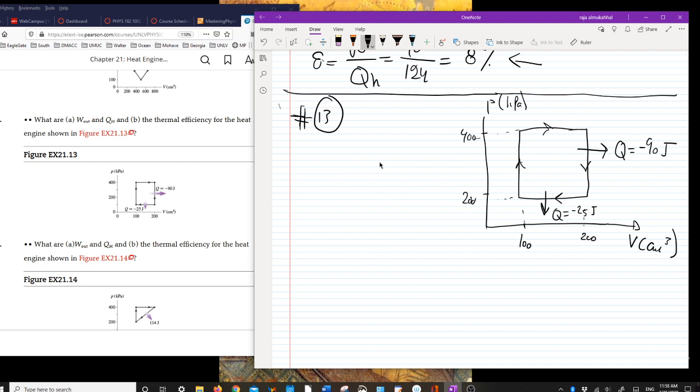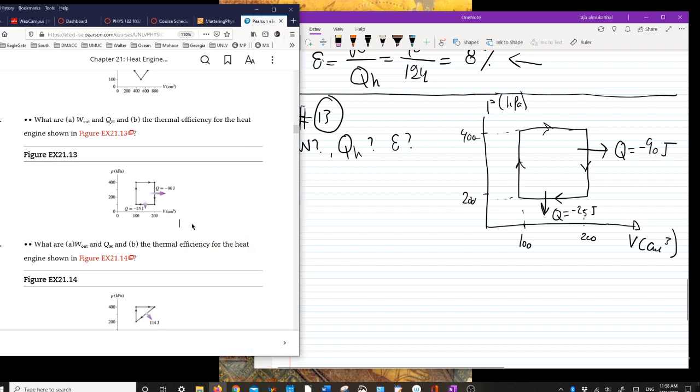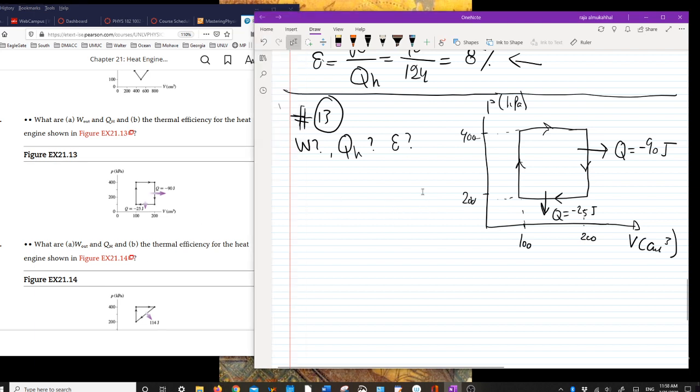Okay. Now he's asking what is the total work, QH, and the thermal efficiency. Is that it? Yeah. Okay. Same stuff. So work, since this is a nice geometric shape, we can just get the area of the cyclical thing here.